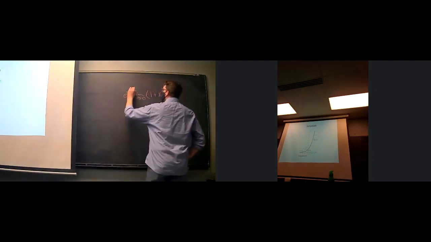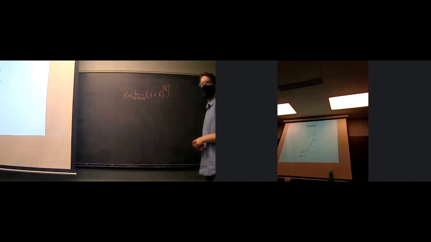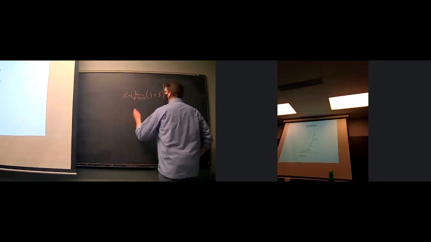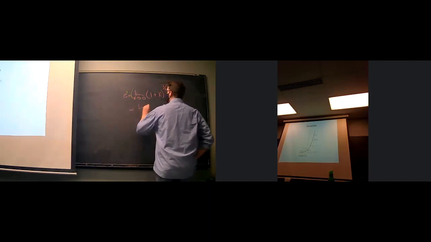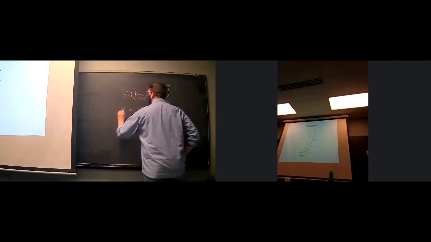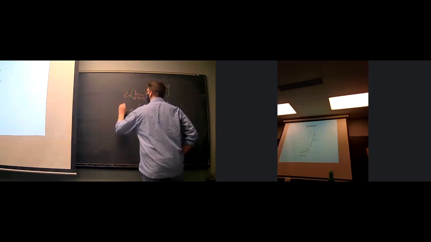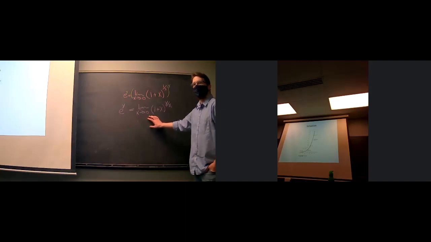We're raising it to the y power. So we can rewrite this whole thing as the limit as x goes to 0 of (1 plus x) to the y over x, is equal to e to the y. Now I point this out because when it comes to why this is special, this is where the trick starts coming in.